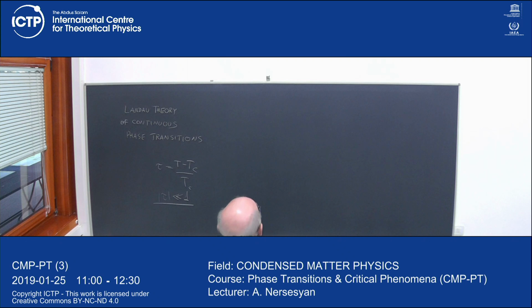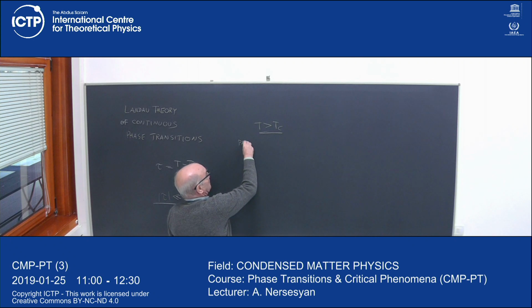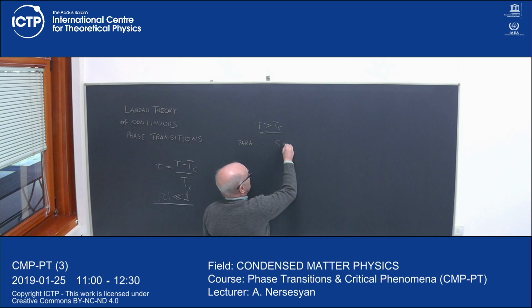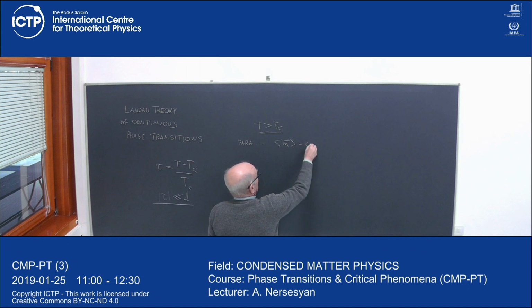So suppose you are at temperatures above Tc, and you are in the paramagnetic phase, which means that the average magnetization is 0.